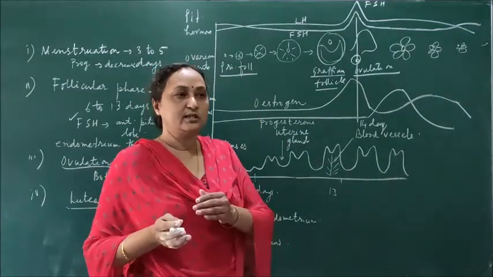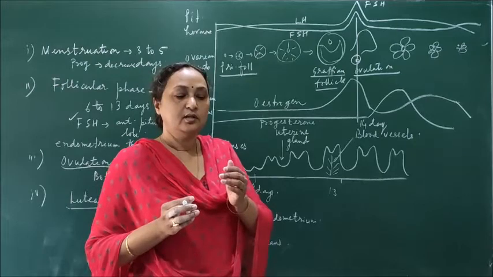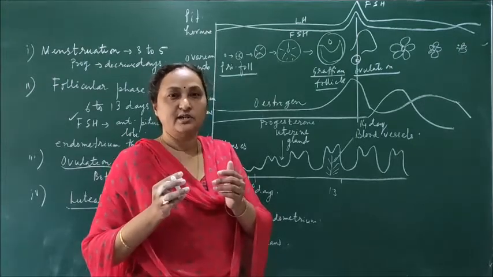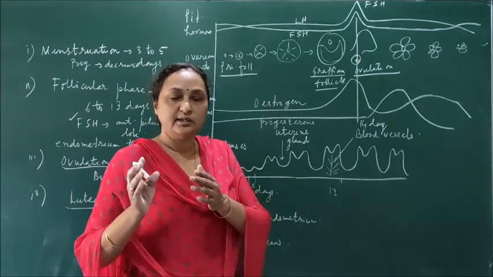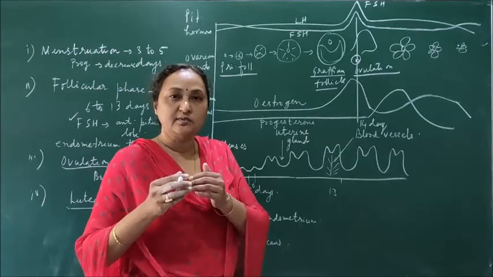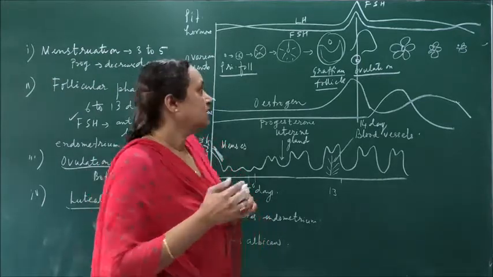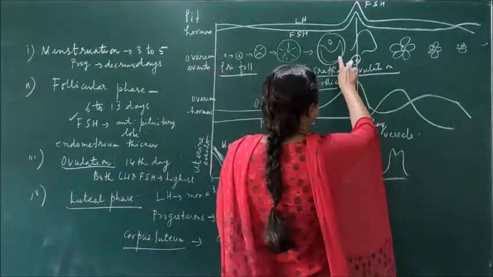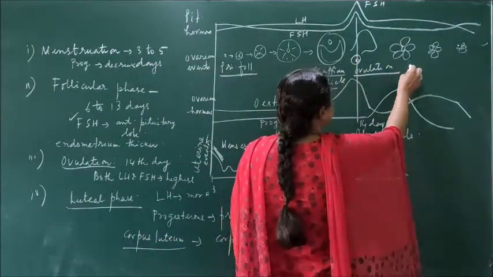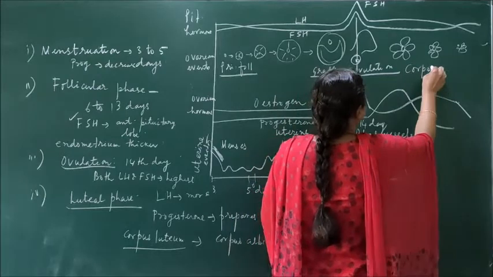So when the ovum is released, now if the sperm is available, then the fertilization will be there, and if the sperm is not available, then the ovum will break. Then you can see that the remaining part of the Graafian follicle is called corpus luteum.